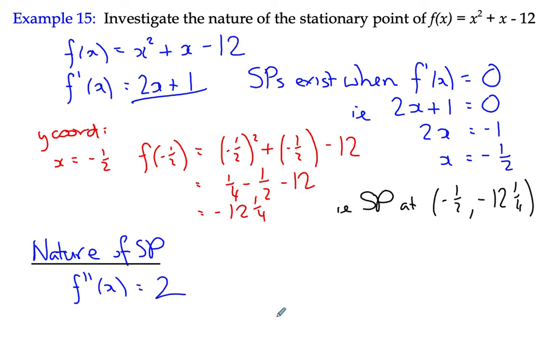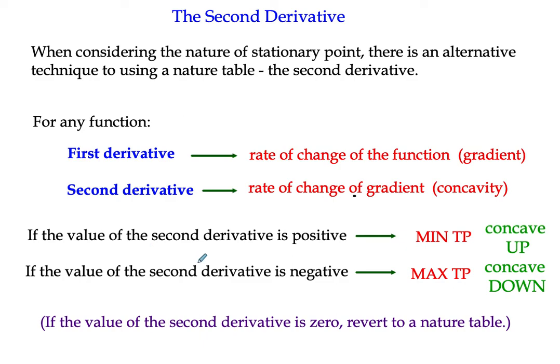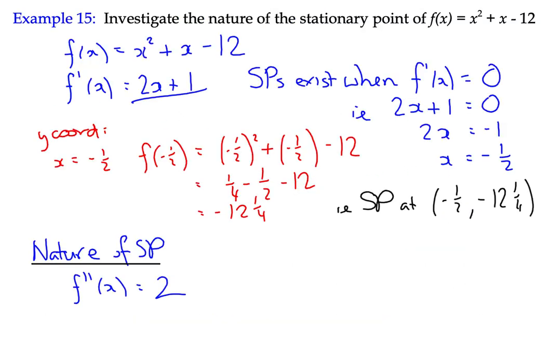Now remember what the determining factor was. If the value of the second derivative is positive, it's a minimum turning point. Very often it's still a function of x, and we still have to put the value of x into it, but in this case it doesn't matter what the value of x is. The second derivative is positive, so we can write here positive.